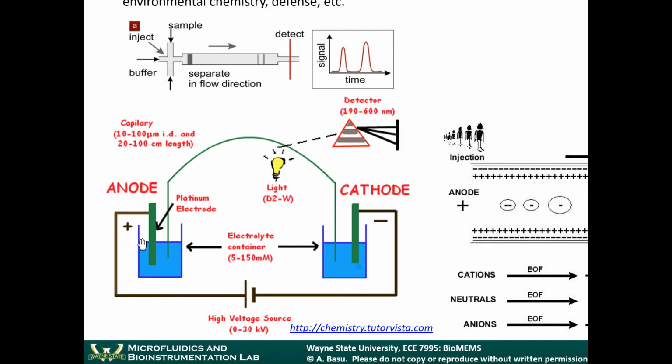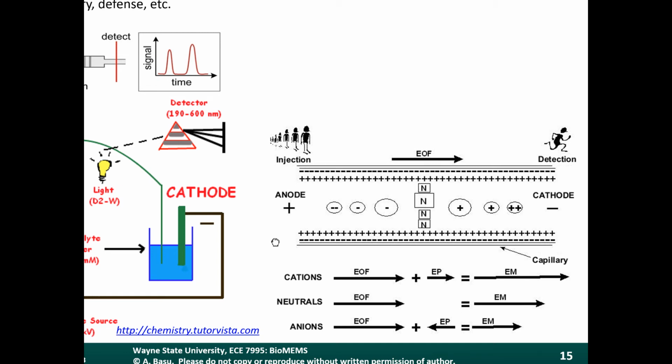Then you place the two ends of the capillary, one at a positive potential, so you have a beaker that's biased at a certain potential, another beaker that's biased at a different potential. So this creates a high voltage on this side, low voltage on this side. DNA molecules will migrate towards the positive anode, but you get electroosmotic flow going from the anode to the cathode. So there's sort of a balance between the two. That's what ultimately separates the molecules.